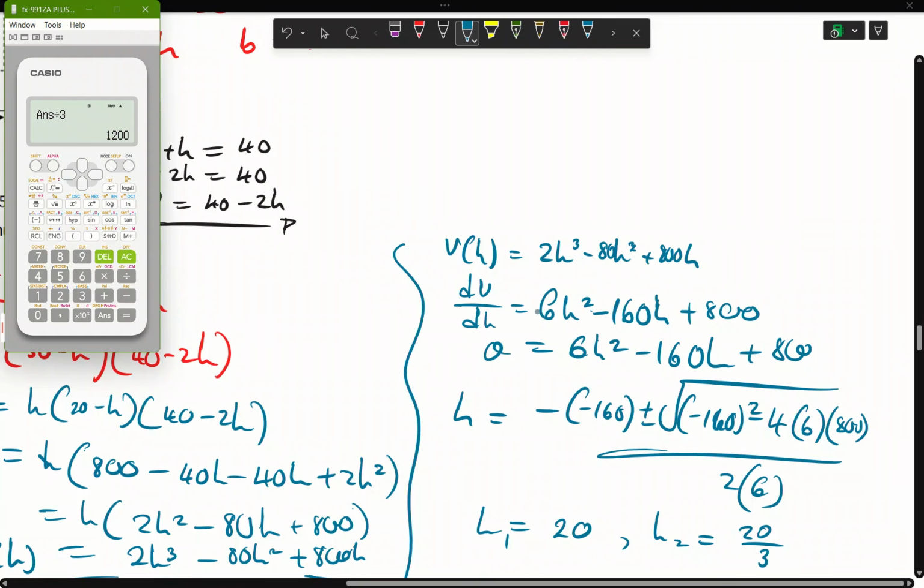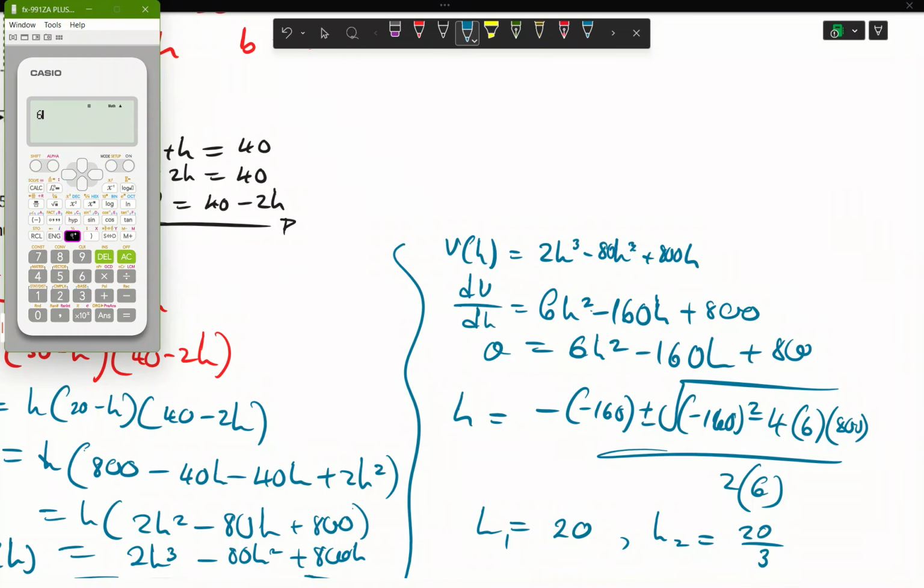You say 6 into, let's try less than 20, that's 19, squared, minus 160, and then 19, plus 800. So the answer is negative. Then let's try greater than 20, 22. This one is going to give you a minimum. 20 is going to give you a minimum.